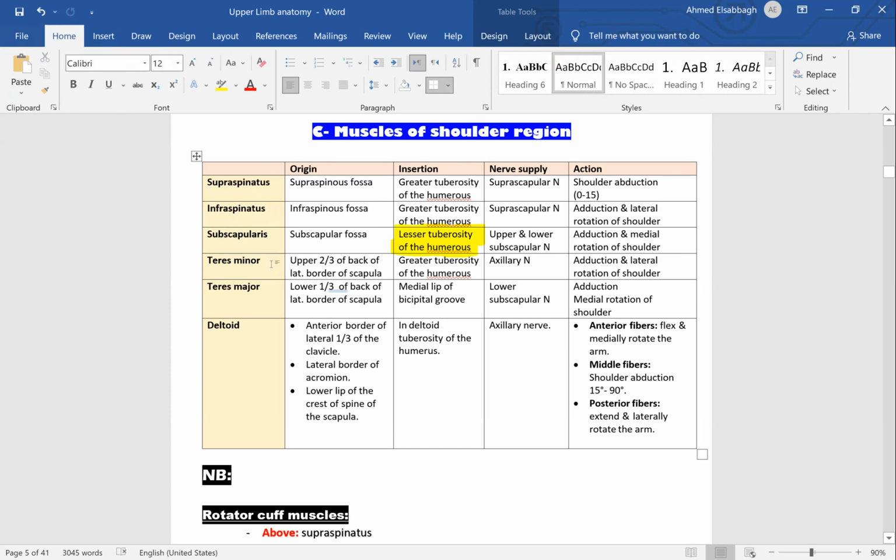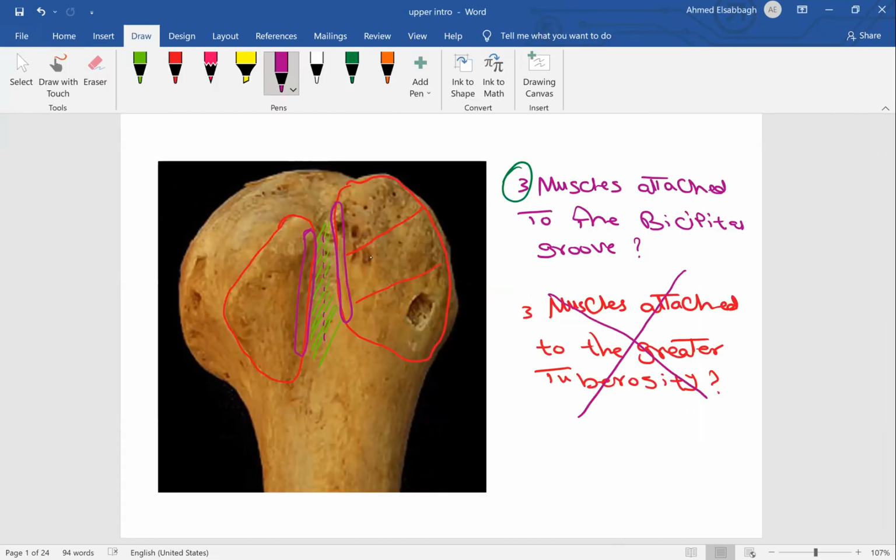So now we have cleared this question. The three muscles are supraspinatus, infraspinatus, and teres minor. What is the muscle inserted here? Also cleared. Subscapularis. Excellent.